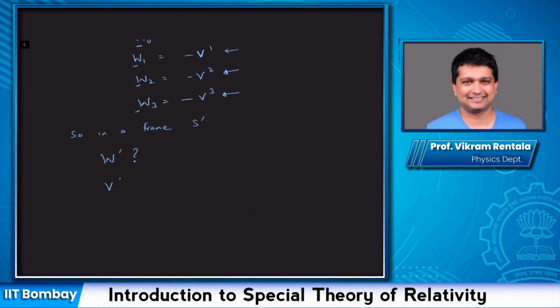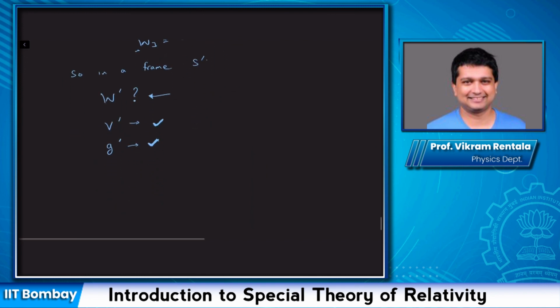And we know what V prime is, and we know what G will be in the new frame. So this is known, this is known. The metric G is unchanged, because the space-time interval is unchanged. So the metric G is unchanged in a new reference frame. We know how V prime transforms, and therefore we can derive how W prime would transform.